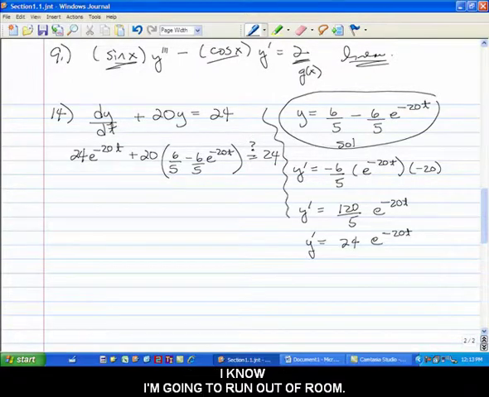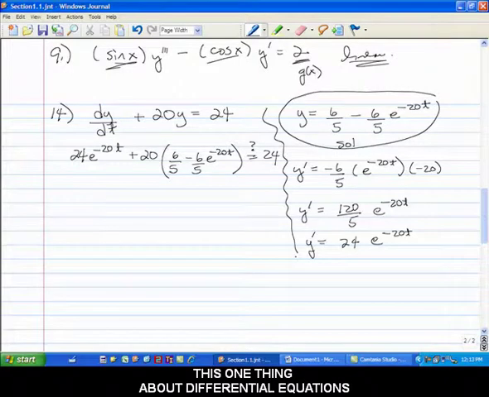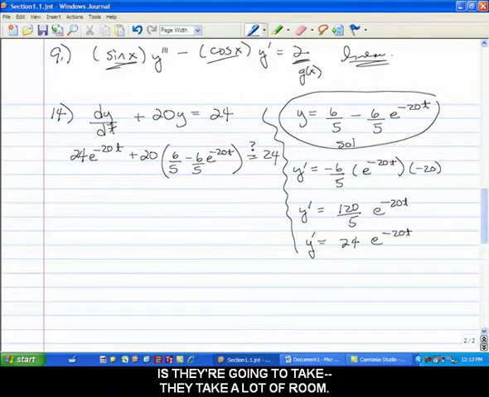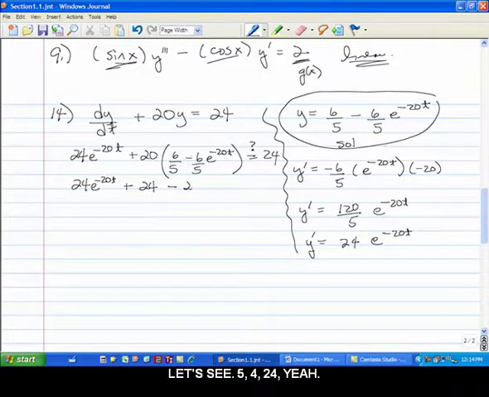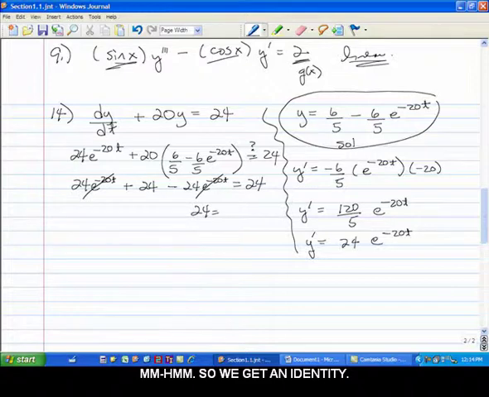I know I'm going to run out of room. That's one thing about differential equations, is they take a lot of room. Let's see, 5, 4, 24, yeah. So we get an identity.